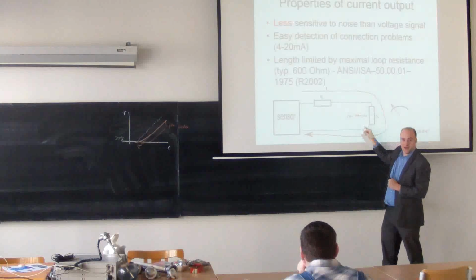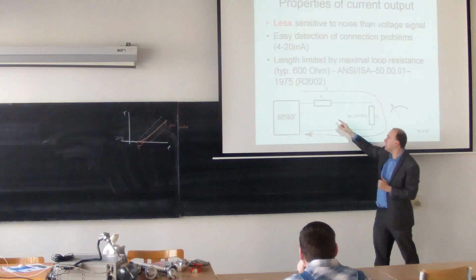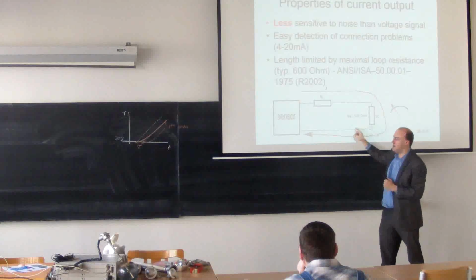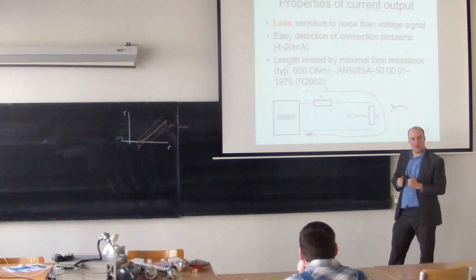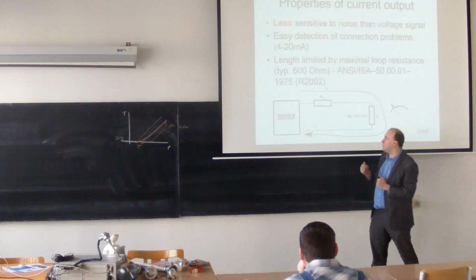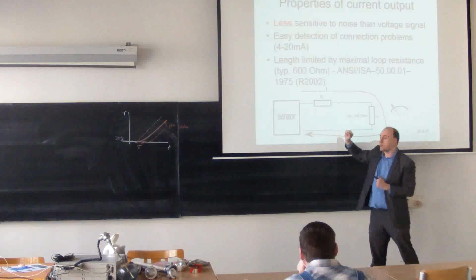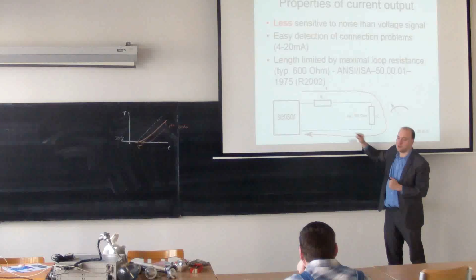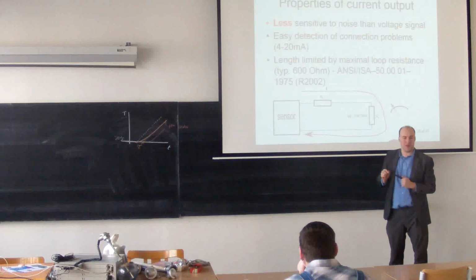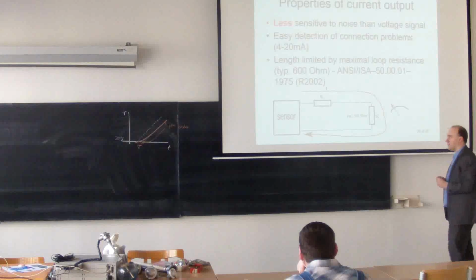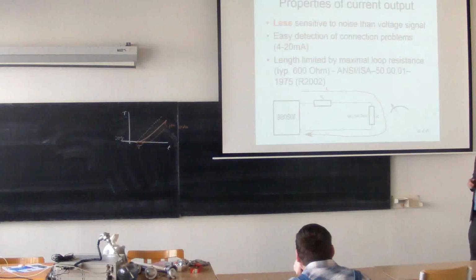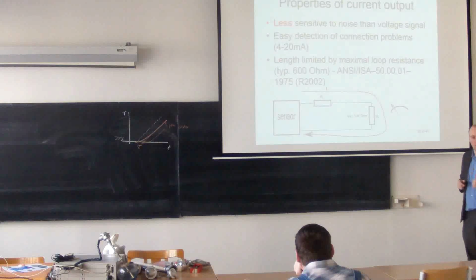And I measure current. The current in this whole loop is the same. So there is no drop. I will not measure a different current at this point, and a different current at that point. So that's one advantage of the current output. You always measure the same value of current in the whole loop.